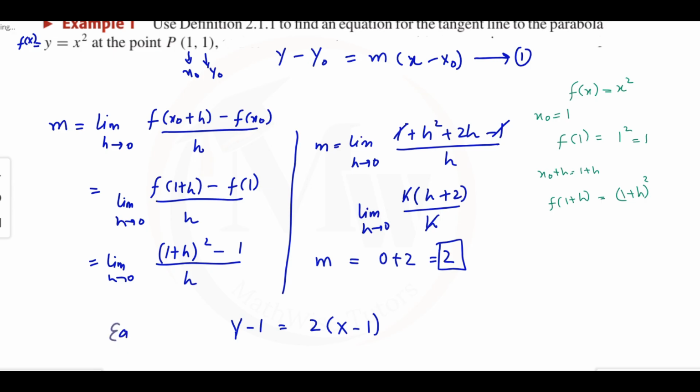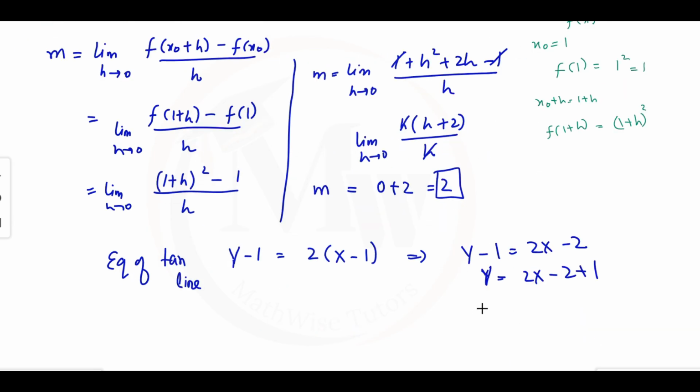So this is the equation of the tangent line, but we need to simplify it. It becomes y minus 1 equals 2x minus 2, and take 1 to the other side: y equals 2x minus 2 plus 1, and eventually it becomes 2x minus 1.